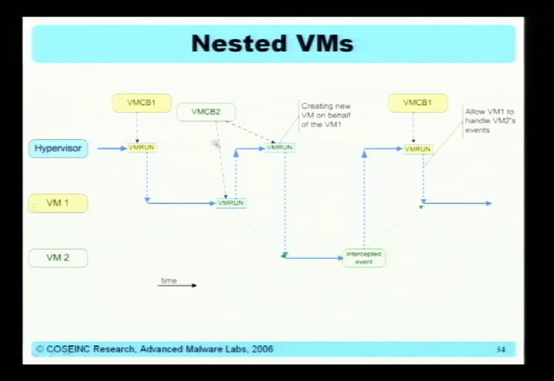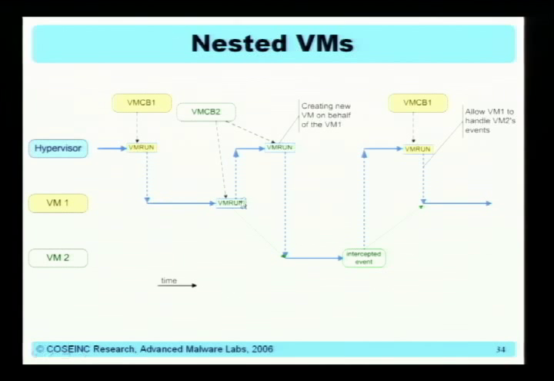So here we have the hypervisor. So this is Bluepill, right? Bluepill called vmrun to actually run the operating system, the native operating system, which was Bluepill. So this is our operating system. This is the Bluepill hypervisor. So let's say that this Bluepill operating system now tries to create a virtual machine by itself. So it calls vmrun. And of course, first it creates a VMCB, let's call it VMCB number 2, because this was VMCB number 1.